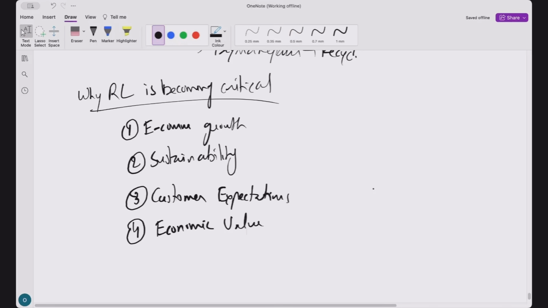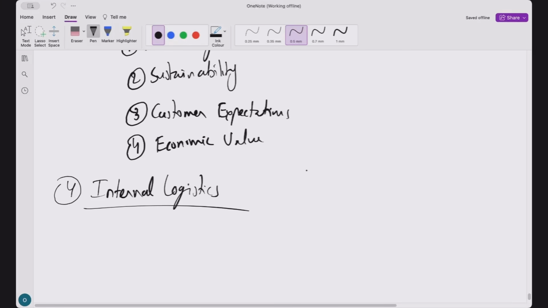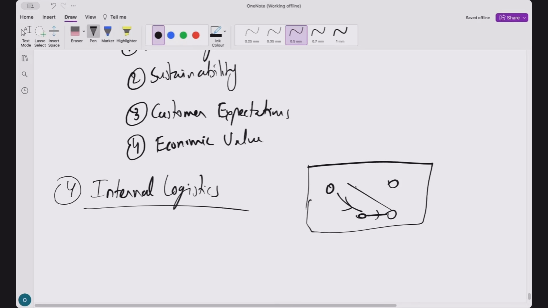So we discussed inbound logistics, outbound logistics, reverse logistics, and then fourth, we will discuss internal logistics. Okay, so your company is there, it has 4 buildings, and the movement of goods from one to another is done inside internal logistics.